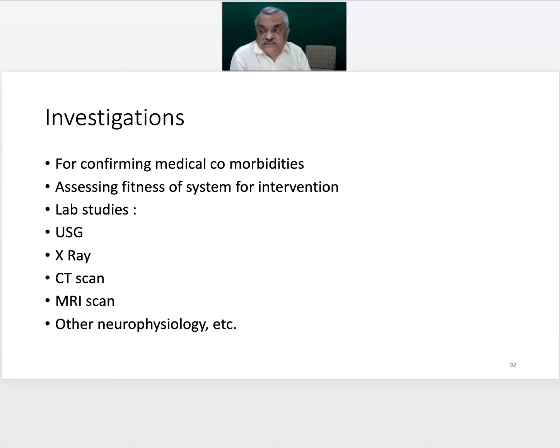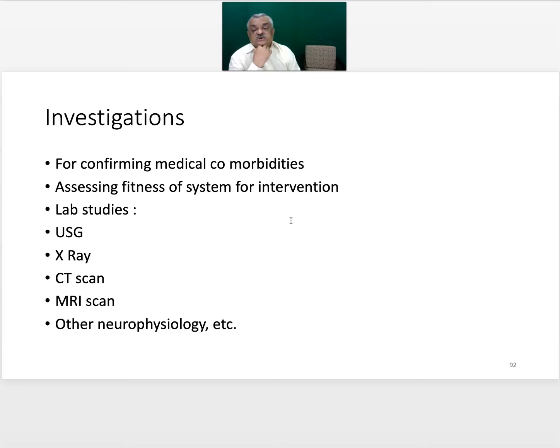what we'll do is, in these patients, after we have done the imaging studies, we normally go for investigations to find out if the patient has medical comorbidities. We try to find out the fitness of the system for intervention. We do the lab studies: routine hemogram, ESR, CRP, blood sugar, blood urea, etc. And we do ultrasound to know the post-void residue.